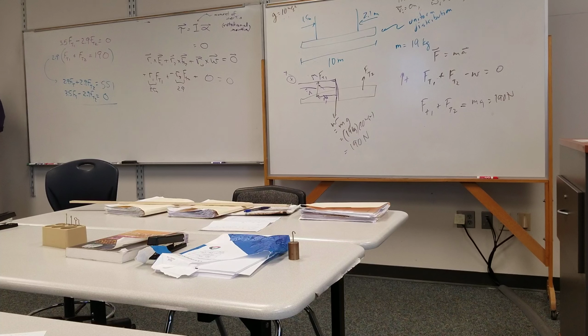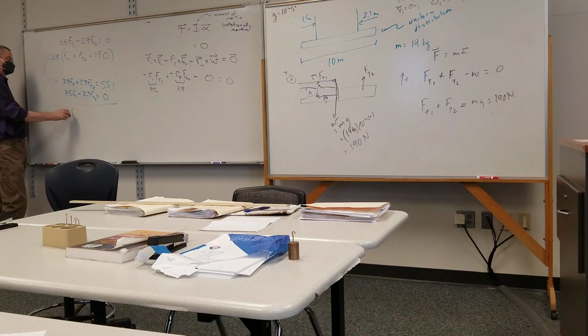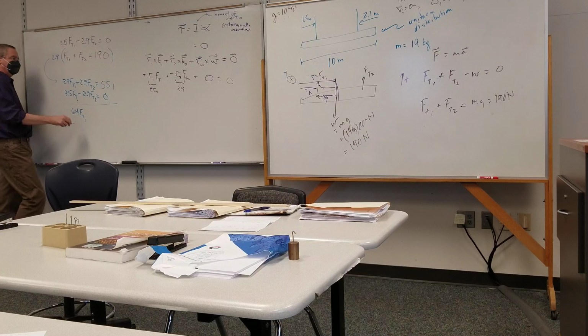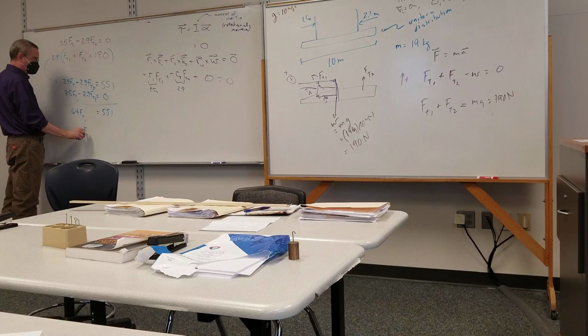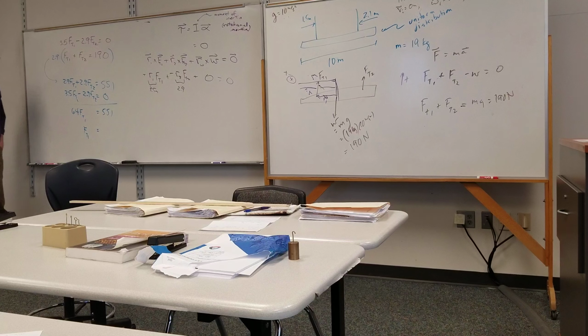My FT2 terms cancel out, and I'm left with 6.4 FT1 equals 551. Somewhere around 90, just shy. 89.